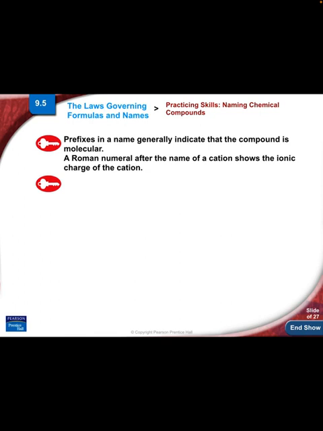And if you have a Roman numeral, it means it's made with a group B transition metal, because they have multiple valences, and we have an old system where we named them separately, as in ferrous and ferric, but now we just say iron 2 and iron 3. And it's beautiful because when you say iron 3, you know the charge on the iron is 3 plus. The Roman numeral gives you the charge on the metal.